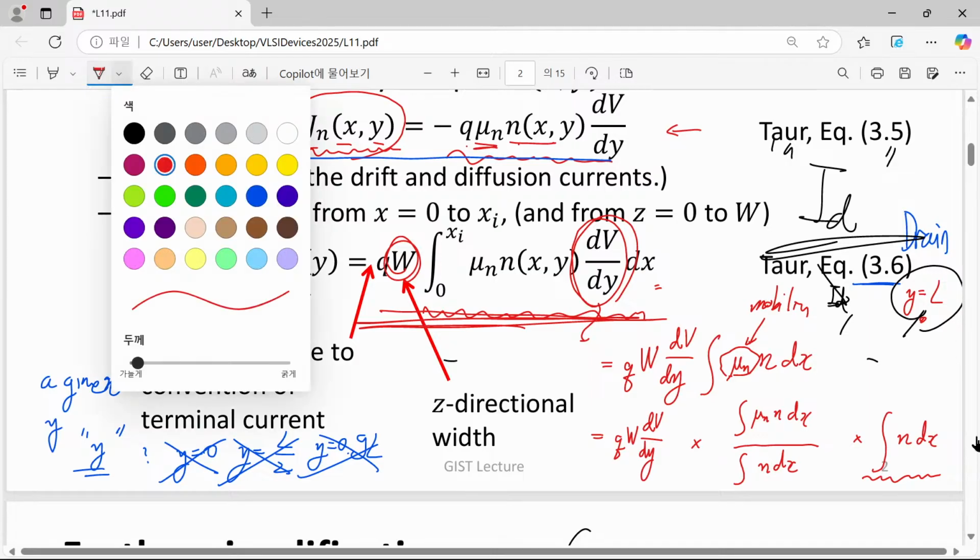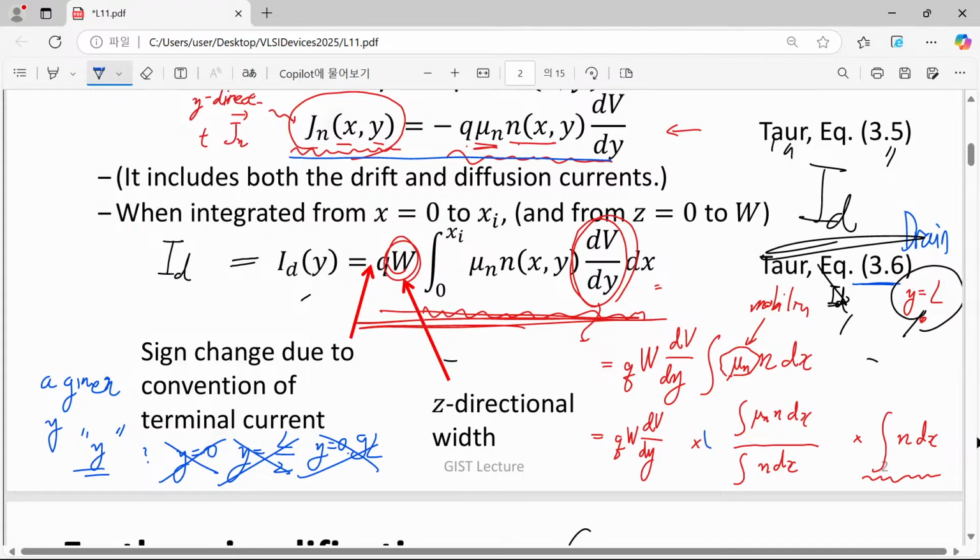Then later, please have a look at this quantity. What is this? This quantity is just the integrated product between mobility and electron density, divided by, once again, integrated electron density.